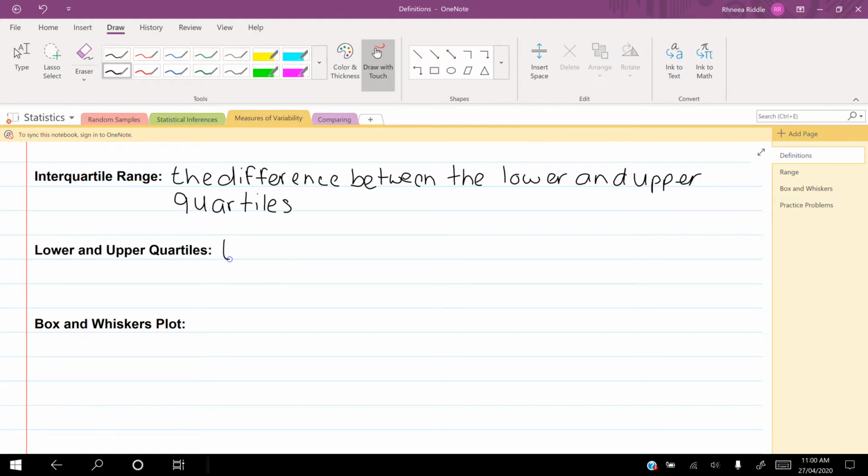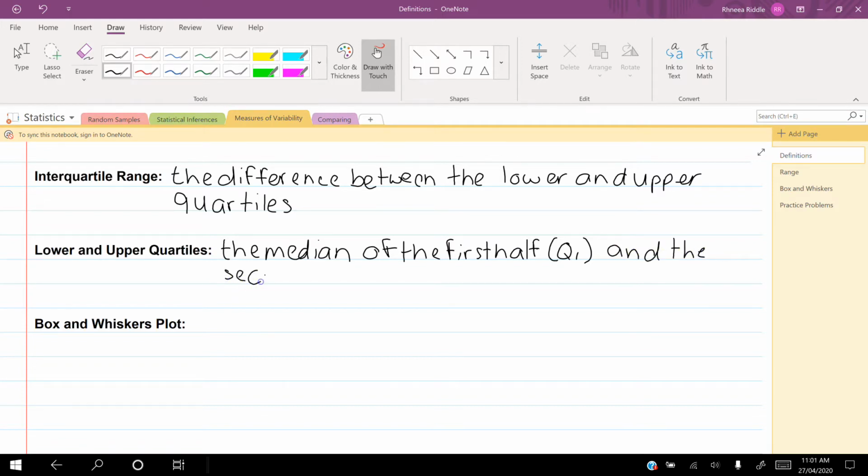So the median of the first half, that's the lower quartile and is usually seen as Q1, and the second half shown as Q3 of a data set.